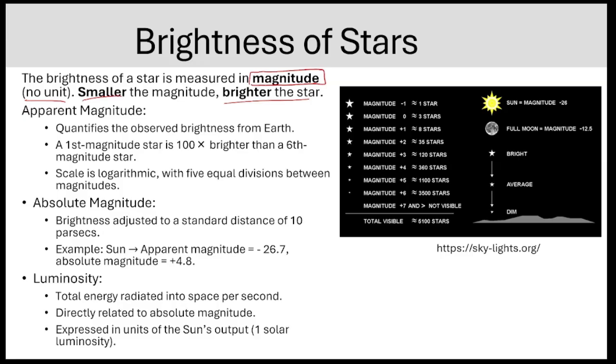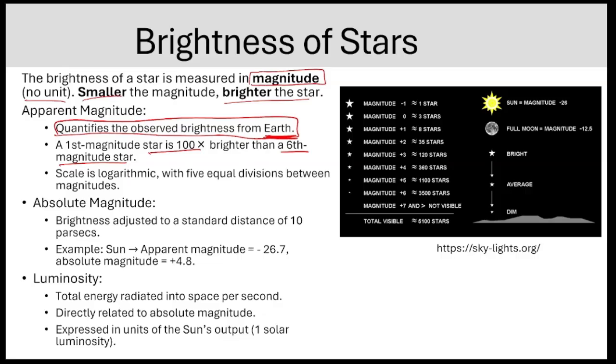Apparent magnitude is defined as how bright a star appears from Earth. So basically, apparent magnitude is how we quantify the brightness as we see the star from the Earth's surface. A first magnitude star is about 100 times brighter than a sixth magnitude star.